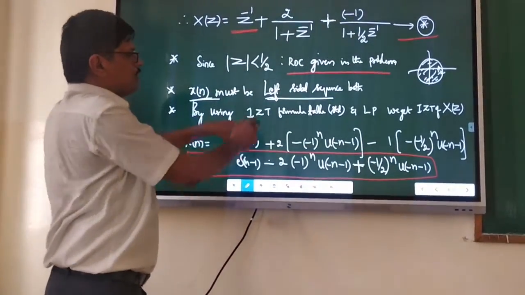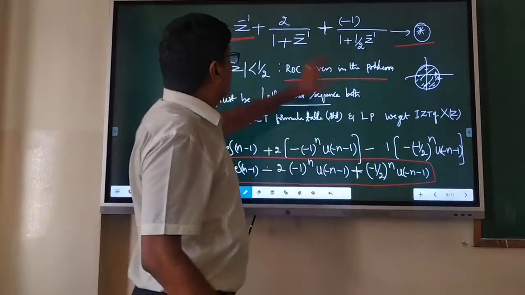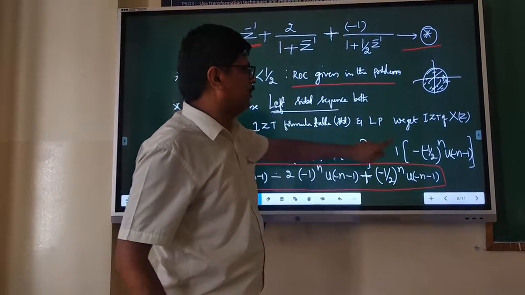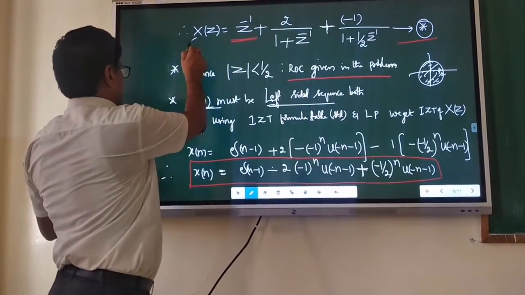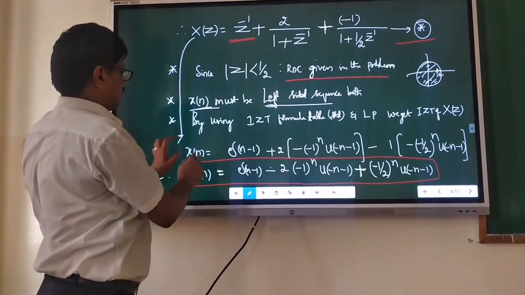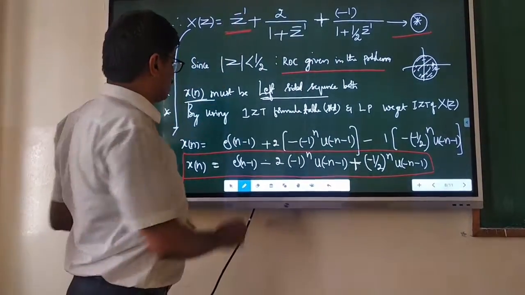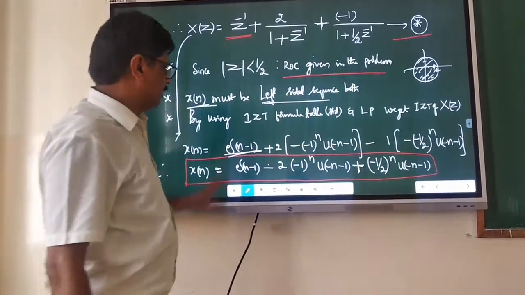Now, in the end, by using the standard inverse transform formula and the linear property, because A1 and A2 exist, A1 is 2, A2 is minus 1, we get IZT of X(z), which is x(n), the original sequence. IZT of z to the power minus 1 is delta of n minus 1, which is in the standard formula.